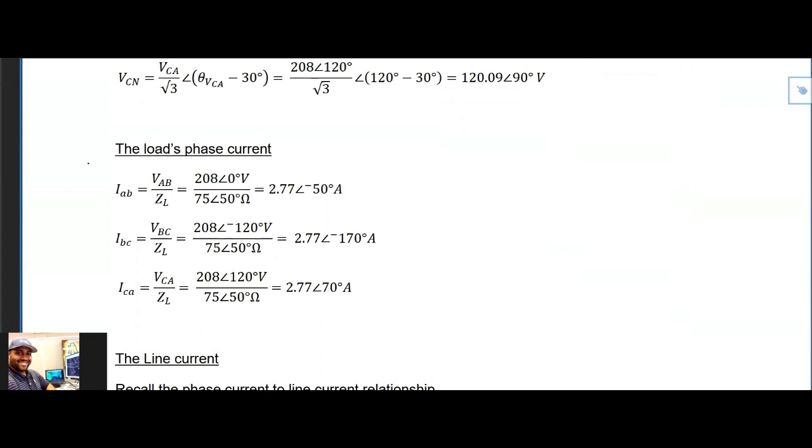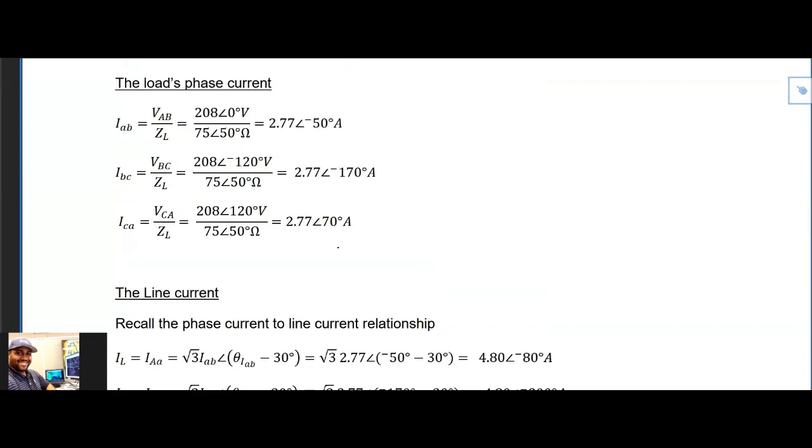All right, so the next is the load phase current. So we just use our Ohm's law to solve for the load phase current, because we already know the voltage across the load, which is VAB, divided by the load, which was given in the problem. And so we can just calculate the current respectively. And we should get the same magnitude for each phase current. The only thing that would be different is the angle, which is displaced by 120 degrees.